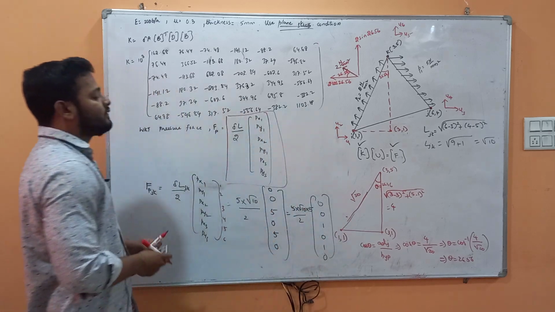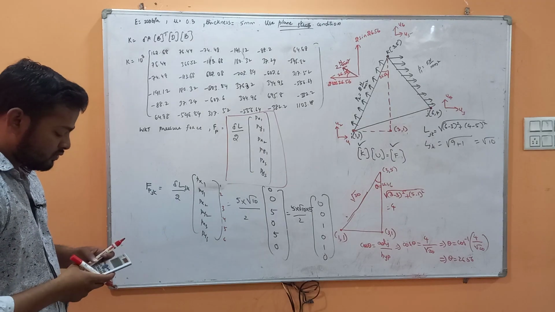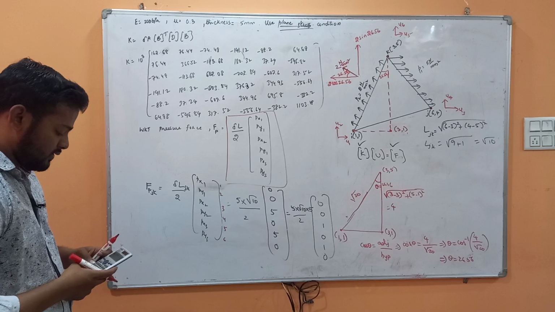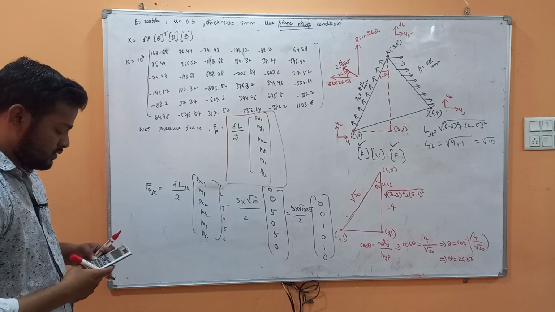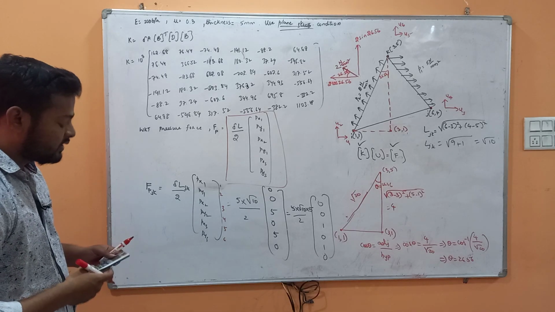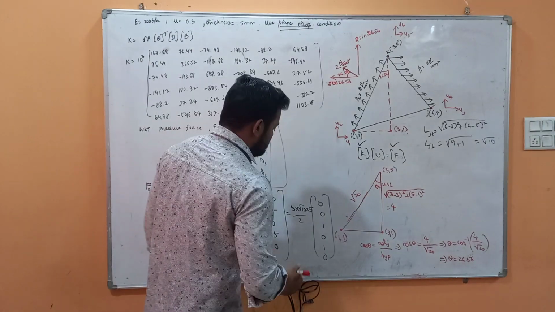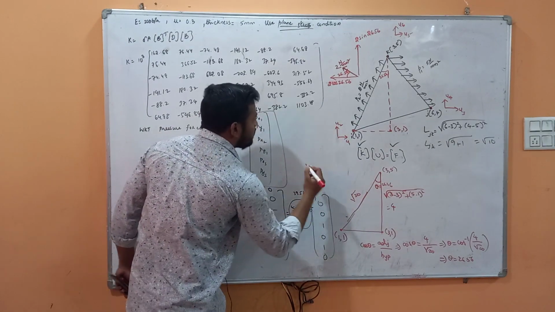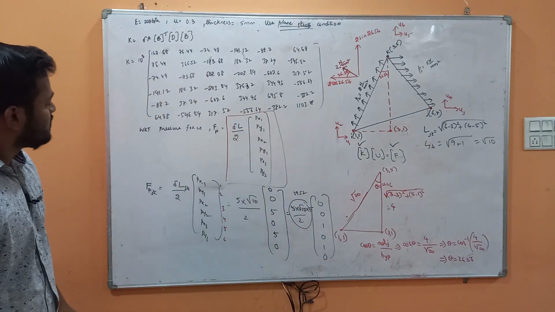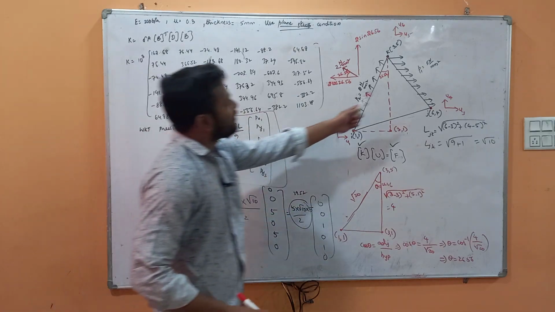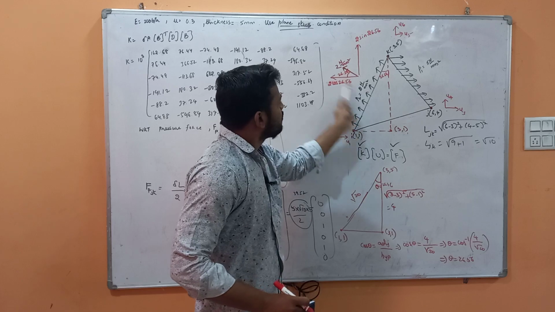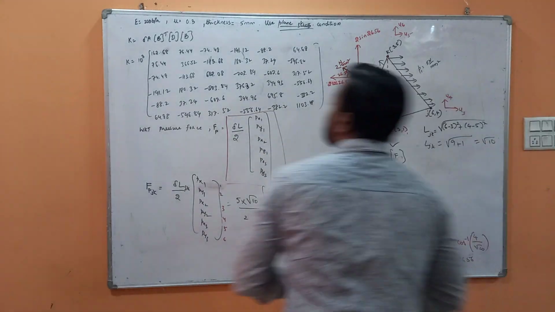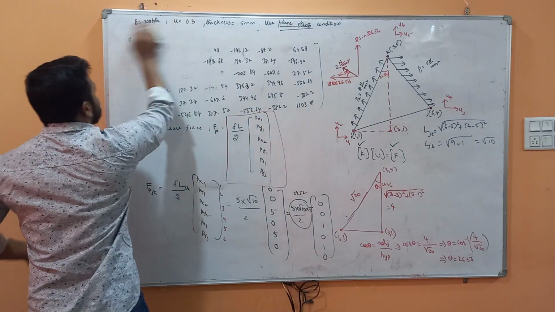So 5 times 5 is 25, 25 into root 10 by 2. This value comes out to be 39.52 in the calculator. So this is the pressure force for this side. We have also got one more pressure force, and we are going to solve that as well, for which I will erase this part.